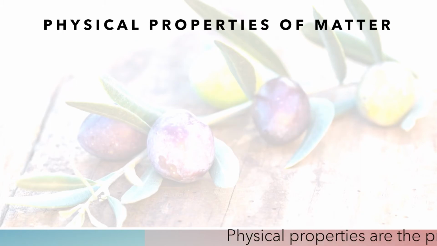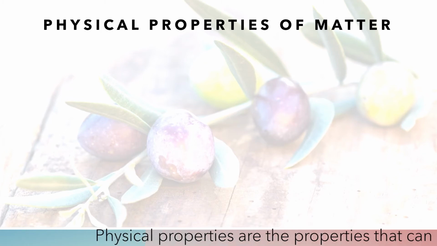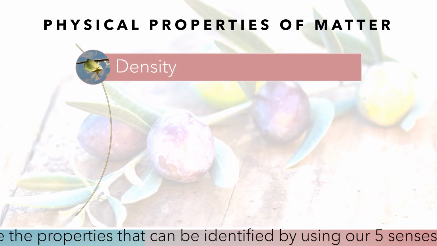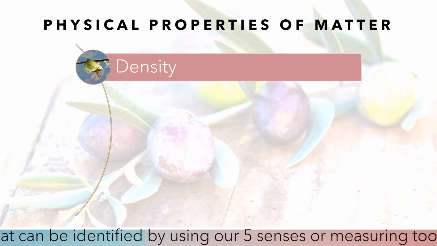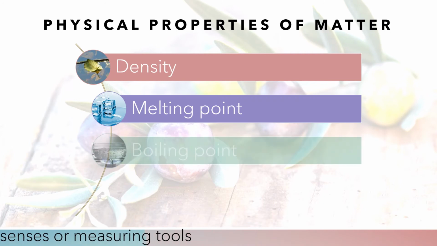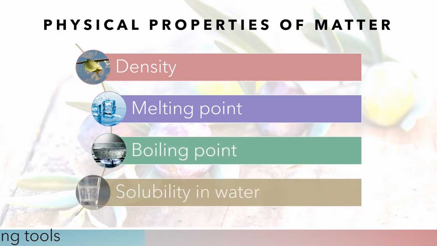Okay, matter can be classified based on their physical properties. So what are physical properties? Physical properties of matter are, for example, density, melting point, boiling point, and their solubility in water.